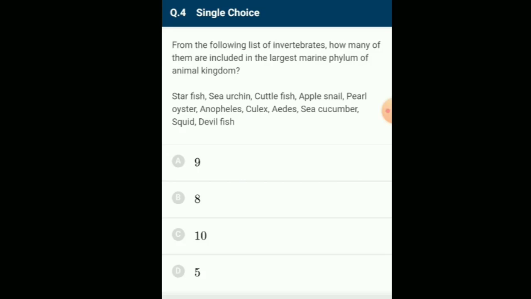Anopheles, Culex, and Aedes belong to phylum Arthropoda. Starfish, sea urchin, and sea cucumber belong to the phylum Echinodermata. So the answer for this question is option D, 5. From the given species, 5 belong to the phylum Mollusca.